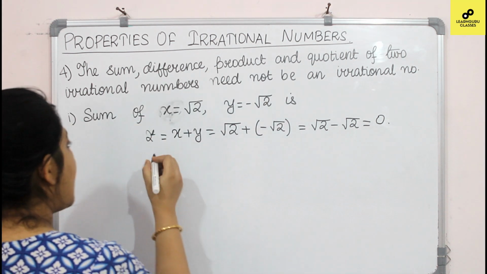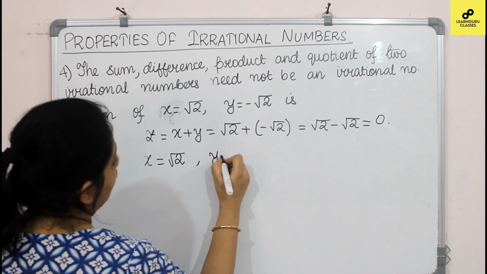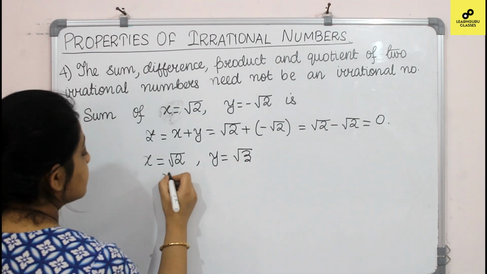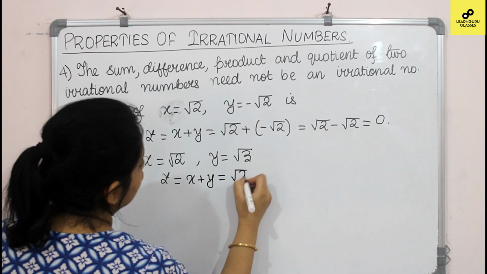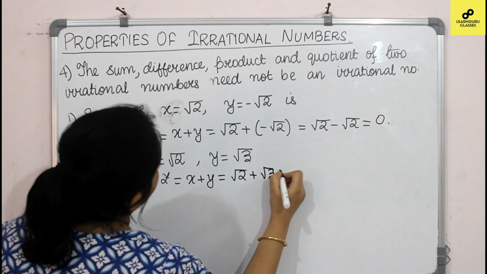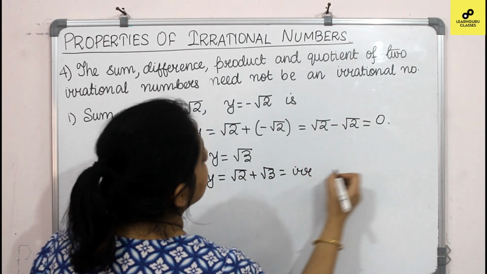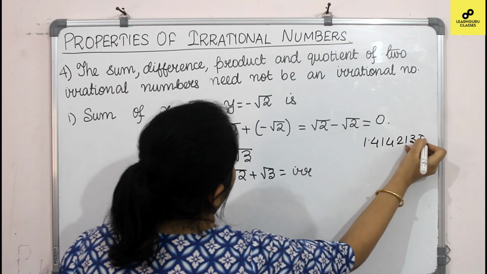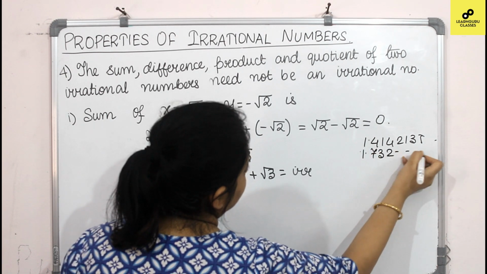But suppose we give x equal to root 2 and y equal to root 3, both of these are irrational numbers. Here if we do x plus y, that is root 2 plus root 3, that will be an irrational number. Why is it so? Because root 2 is 1.414213, non-terminating decimal, and root 3 is 1.732, something like this.